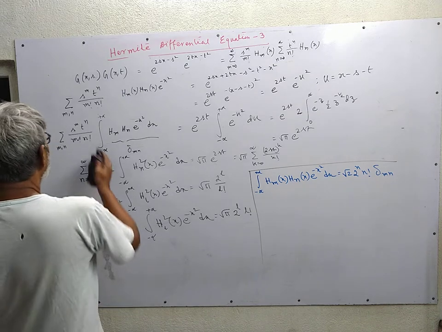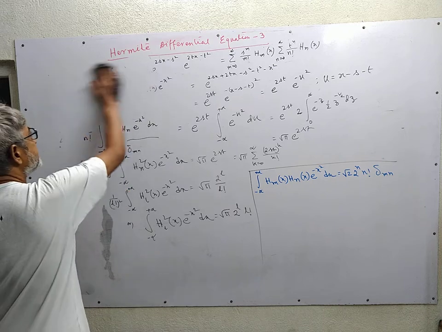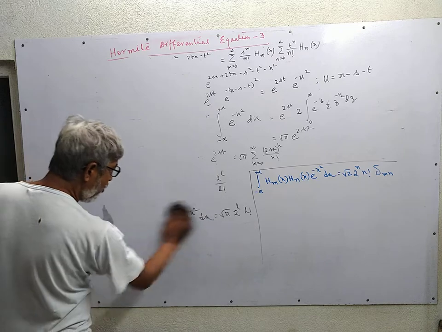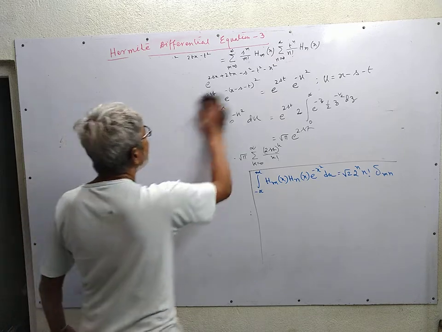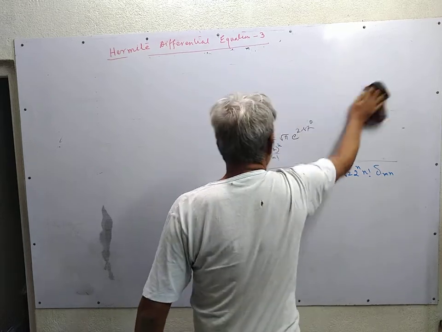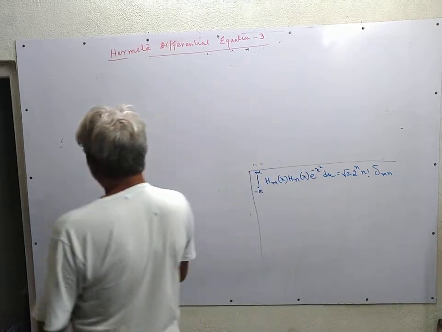Let us verify the orthogonality condition for a few Hermite polynomials of low order. So we shall use the relation involving 1 and 2.